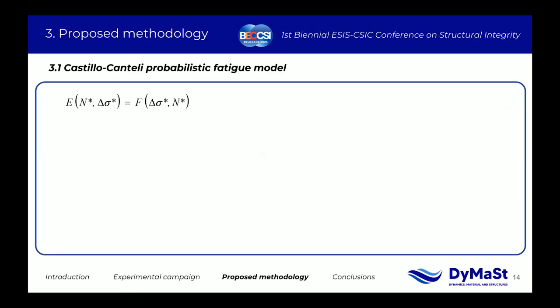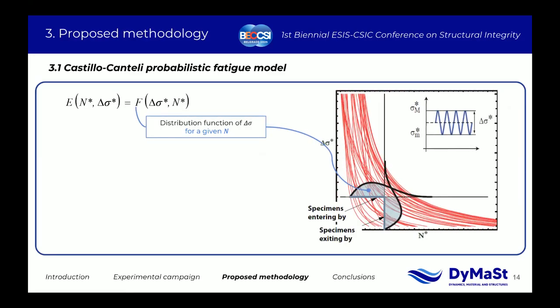This model is based on the compatibility condition we establish in the S-N field between the distribution function of delta sigma. We can think of other parameters I already commented on, such as delta epsilon, as we see on top. But the idea is that we establish this compatibility condition between the distribution function of delta sigma, for a given number of cycles, and the distribution function of the fatigue life, the cycles, for a given stress or delta sigma.